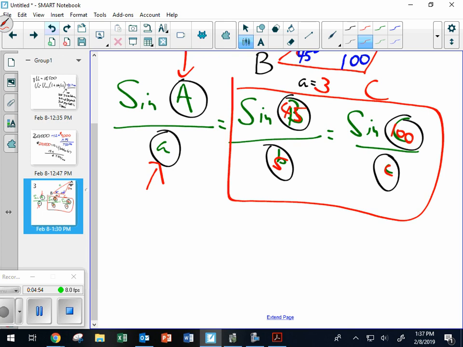Sine of 45. Yes, you could do it exact, but today let's use calculators. Sine 45 is 0.707, which would be 0.71, over 5. Sine of 100 is 0.98 over c.